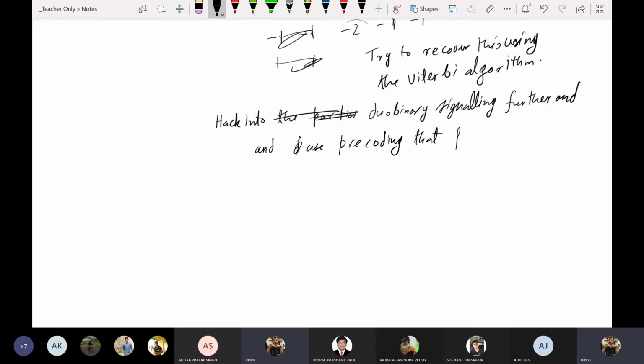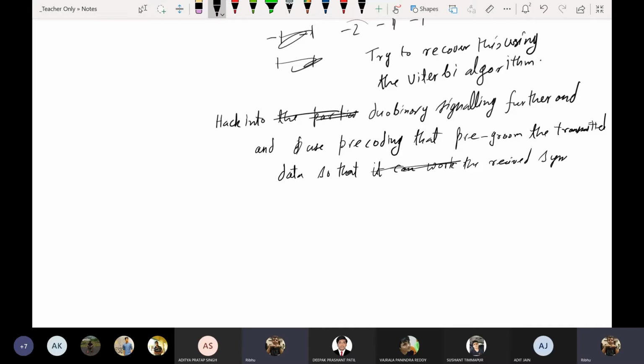That is, precondition or pre-groom the transmitted data so that the received symbols can be seen as standalone at reception. So how do we do this?